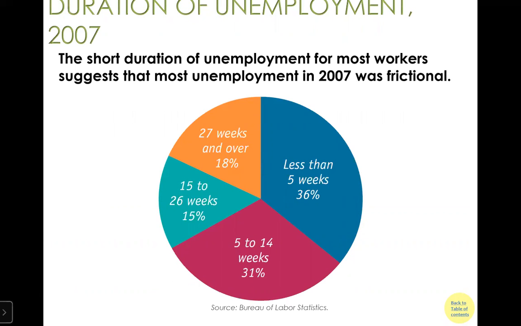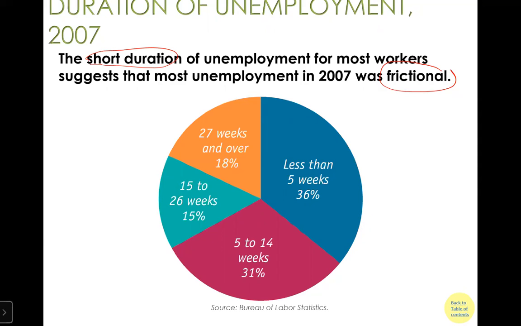All right, if we look at the data, we can spot the frictional unemployment, right? Typically, a shorter duration of unemployment means it's more likely to be frictional. Because that's just the nature of frictional, right? Those people can find a job, it just takes time, right?